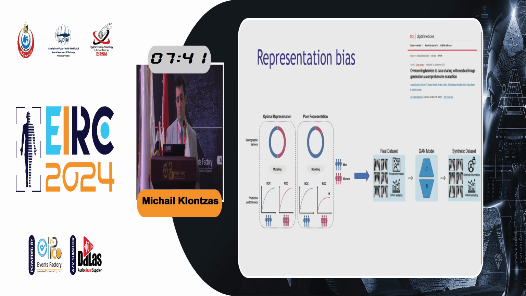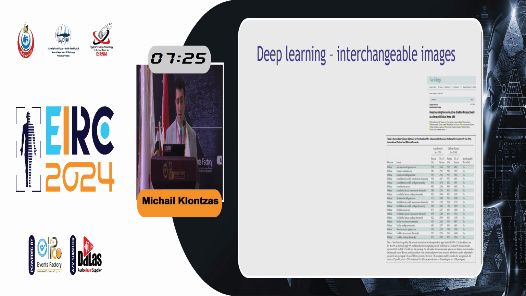So you can use AI models to create representations in the data set that are close to the real population, so that you can solve problems like this and have radiomics analysis that gives representative results at the end of the day.